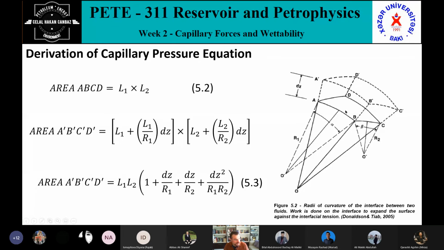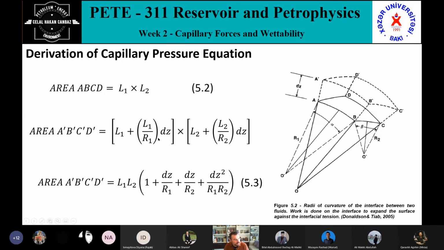I am talking about macro scale. So I can make an assumption that the area ABCD will be very close to L1 times L2. Now the area A prime, B prime, C prime, D prime, the expanded part: what will it be?